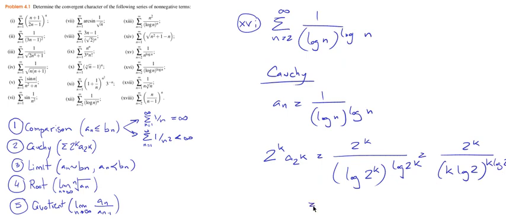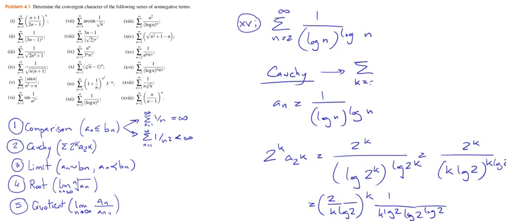Well, let me write it here, right? So we have 2 over k logarithm of 2, all of this to the k, right? And then divided by 1 over k to the logarithm of 2 and the logarithm of 2 to the logarithm of 2. Okay? And now we need to check the convergence of this series, right?